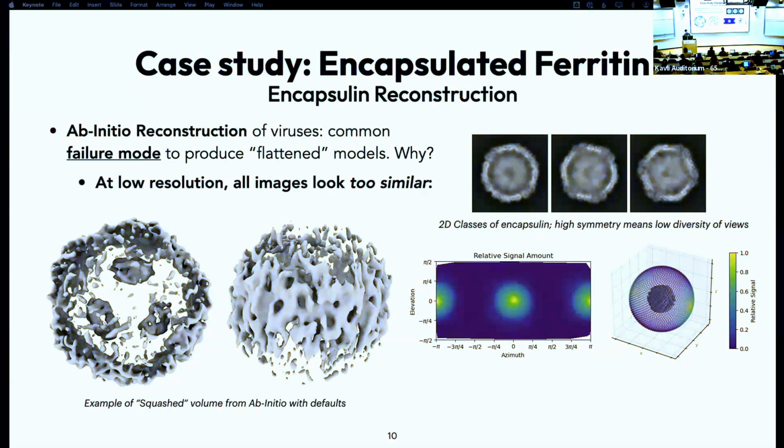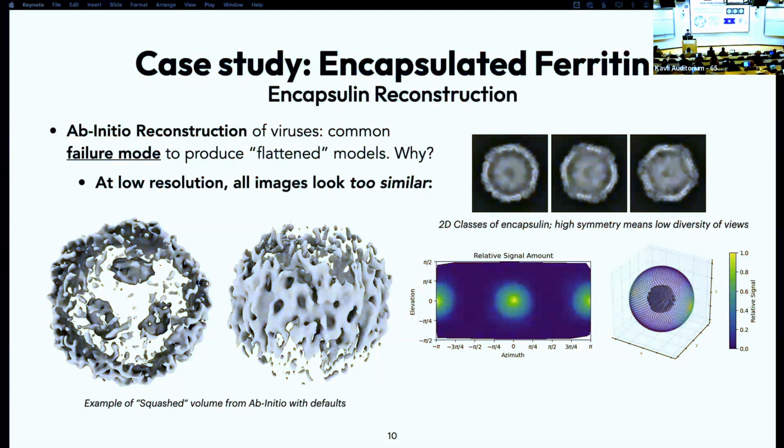Even in the case of a single class, they can often put all particles in a very similar orientation. This failure mode is somewhat particular to ab initio reconstruction. Intuitively, we think that this arises because particle images of high symmetry data sets look very similar to each other when they're low pass filtered to a low resolution.